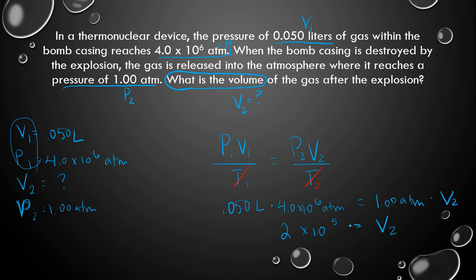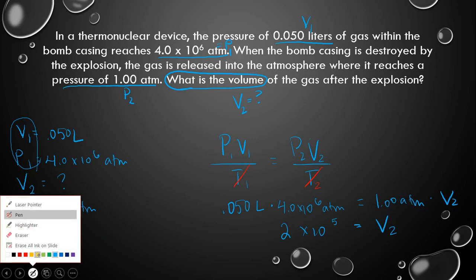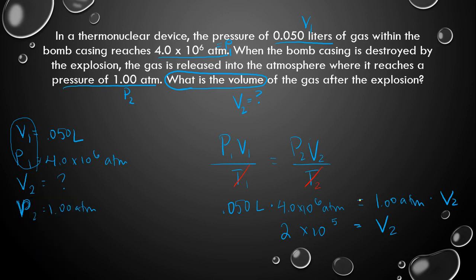But now, we need to do this with sig figs. I know that's such a fun thing for y'all to do. So since we're doing it with sig figs, we go back to these original numbers. This one has 2 sig figs, this has 2, and this has 3. Well, 2 is less than 3, so we're going to have to put a 0.0 on there: 2.0 times 10 to the 5th.